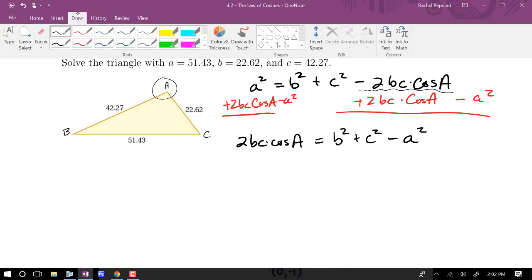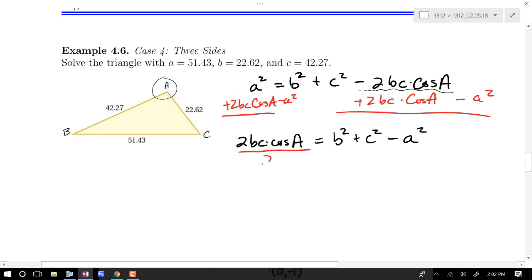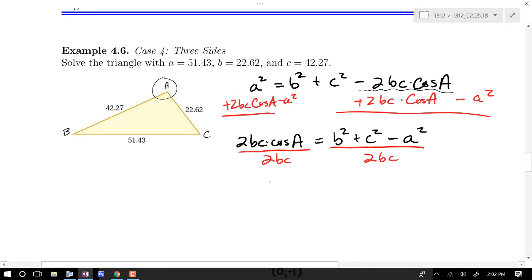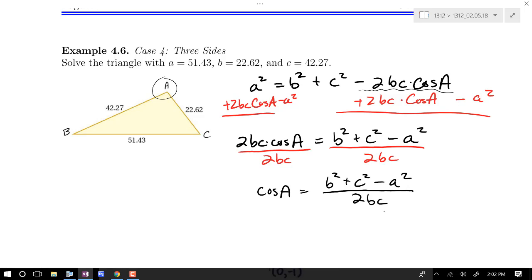And then we can divide by 2bc. I'm going to pause here for a moment and see if there are questions on how we got this far. Okay.